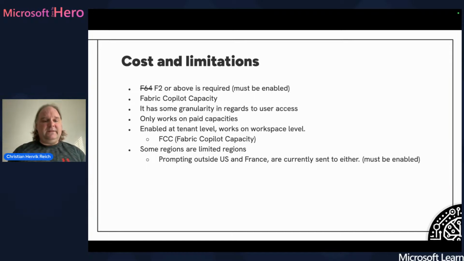It used to be that Copilot needed an F64. It changed within the last 2 months or something like that. Copilot uses a lot of so-called Fabric capacity. We pay for Fabric like a phone subscription. We buy a certain number of minutes throughout a month. And the Copilot, if we have many users, can eat a lot of these minutes very fast.